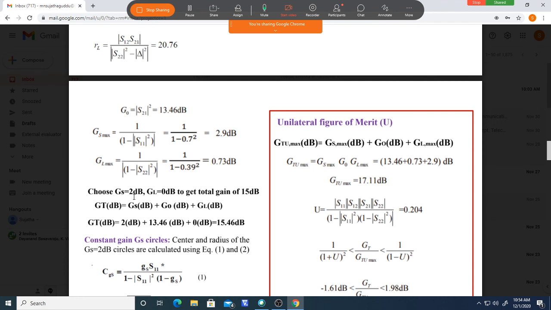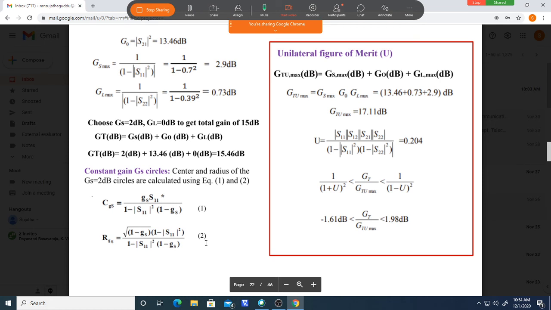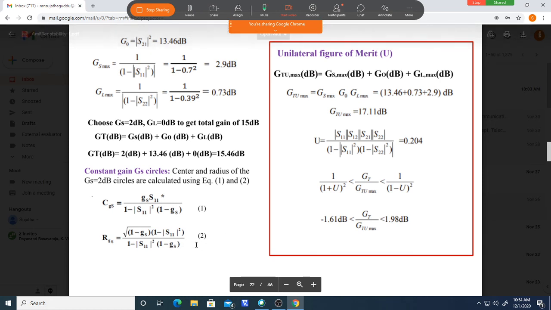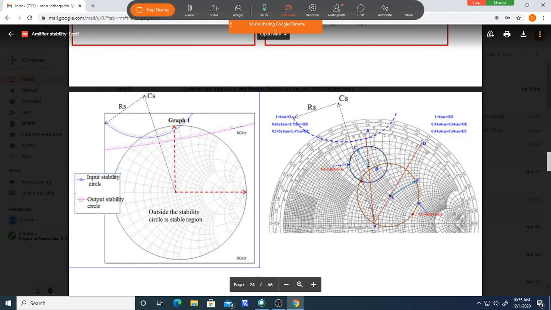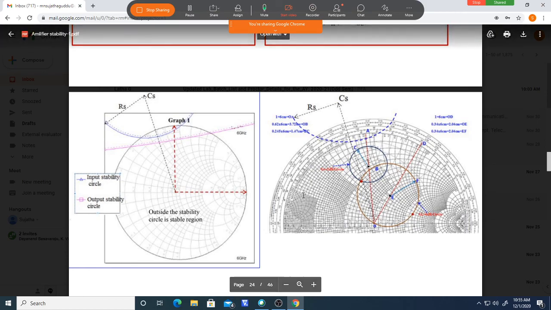So automatically the radius does not become zero, because GS normalized and GL normalized will take some values. Automatically the radius is not equal to zero, and some value of radius will be obtained. So they become circles like this, and you also have to choose one value over the circle in the high gain amplifier.